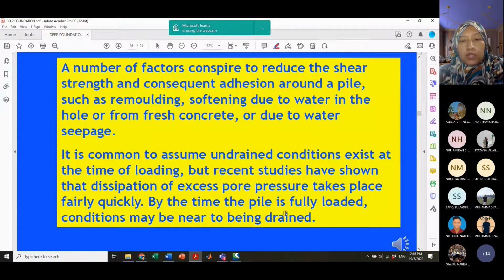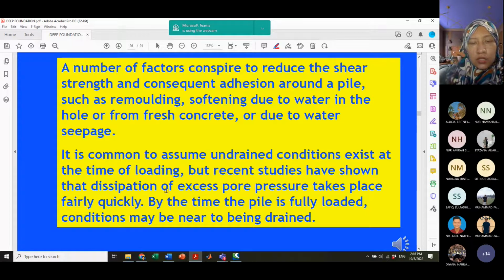By the time the piles is fully loaded, conditions may be near to being drained. So dalam keadaan undrained condition ni, bila you letak beban, the dissipations of excess pore water pressure is very fast to happen, and somehow it's difficult to measure.